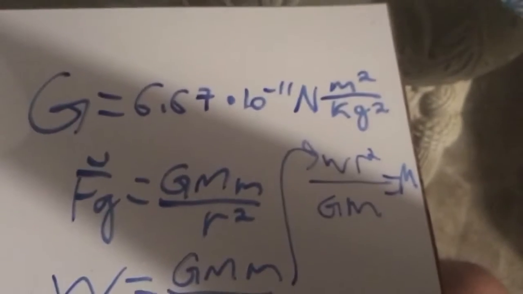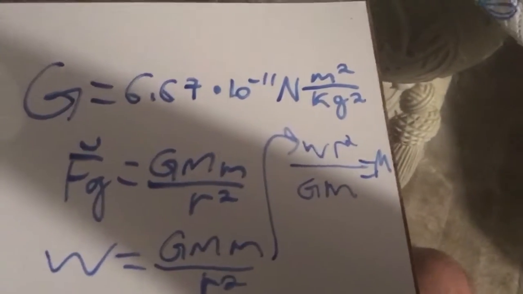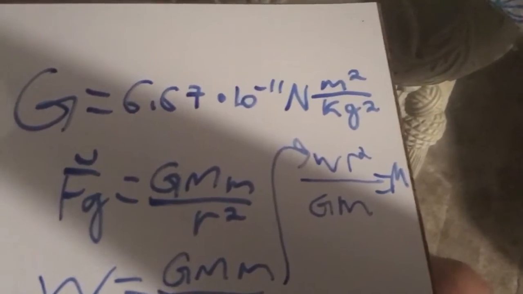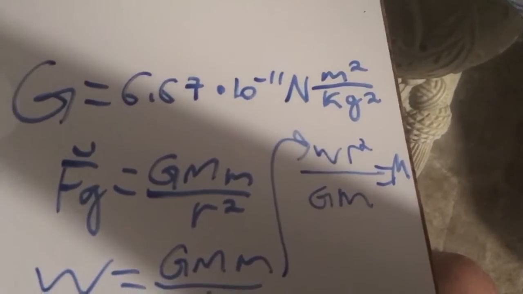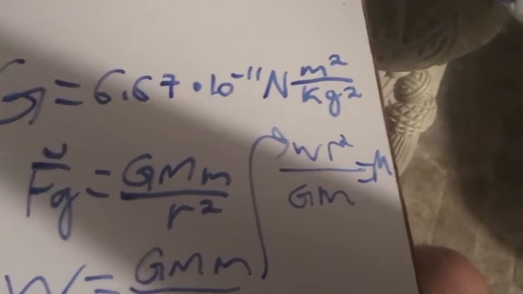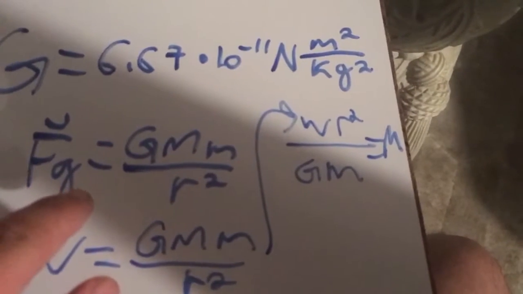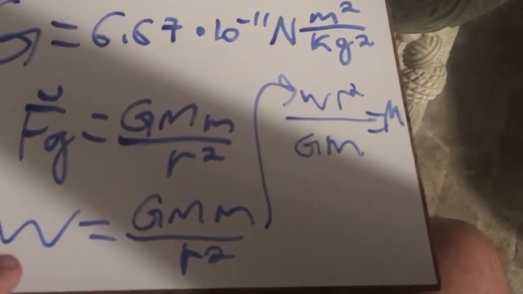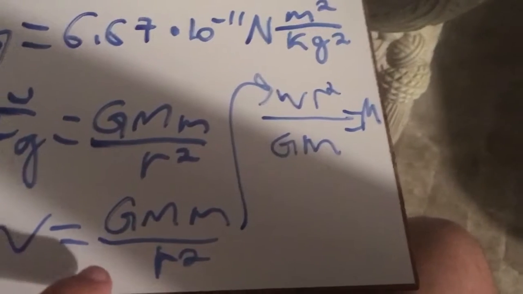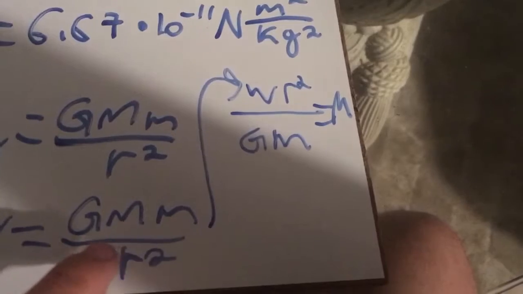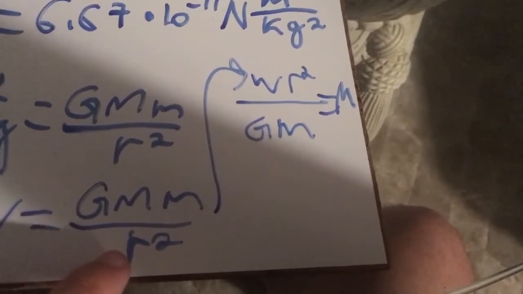Henry Cavendish measured the gravitational constant to be about 6.67 times 10 to the negative 11 newton meters squared per kilogram squared. With this constant figured out, you can figure out the mass of the Earth. Here's the equation for Newton's gravity. You can equate it to the weight of an object and plug in the mass of the object, the gravitational force, and the radius between them, and then do some rearranging to solve for the mass of the Earth.